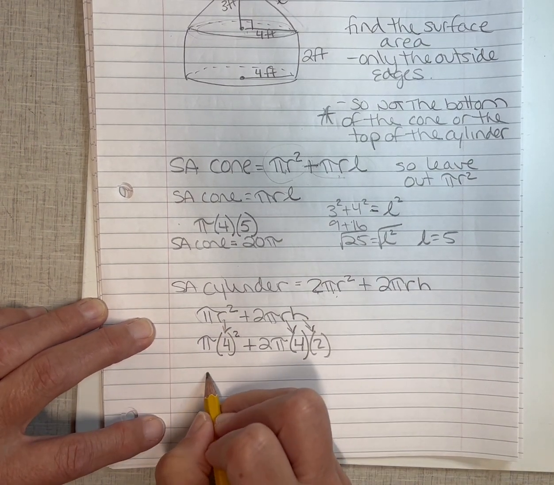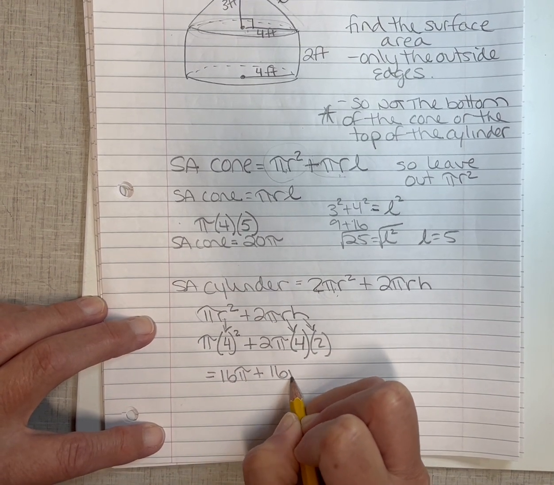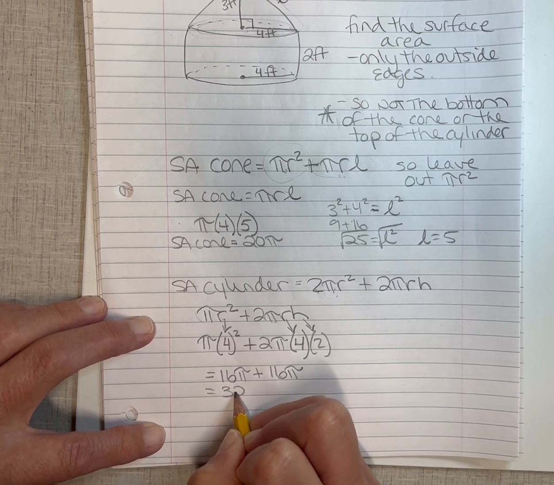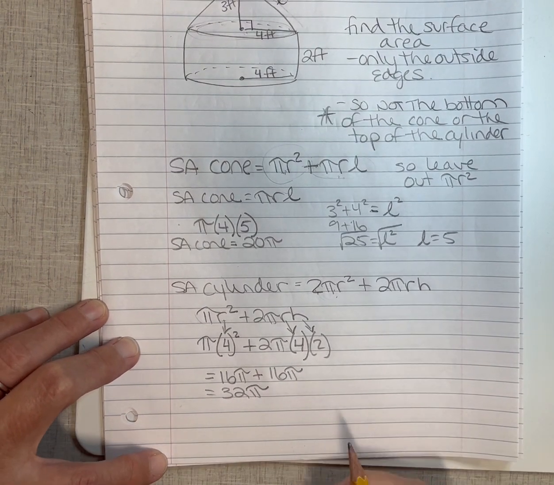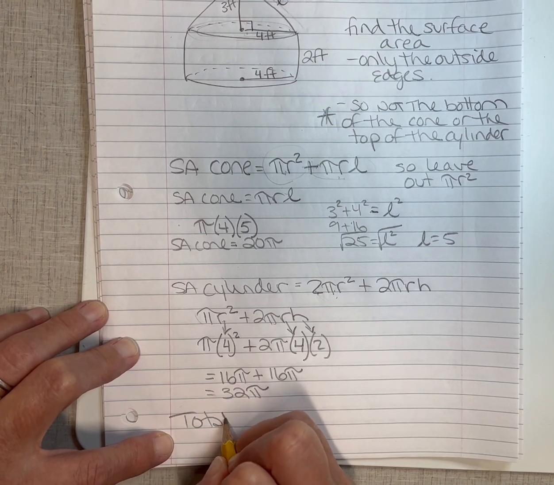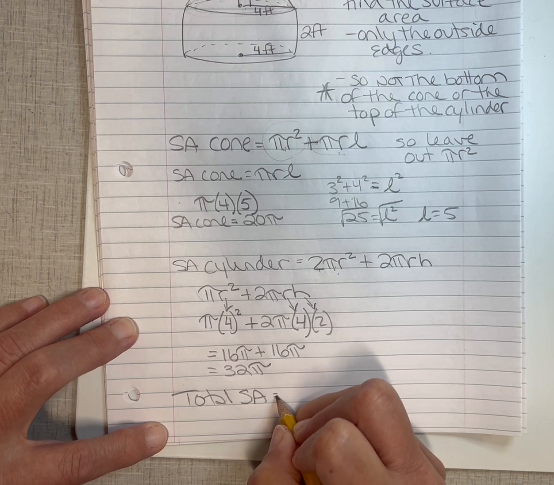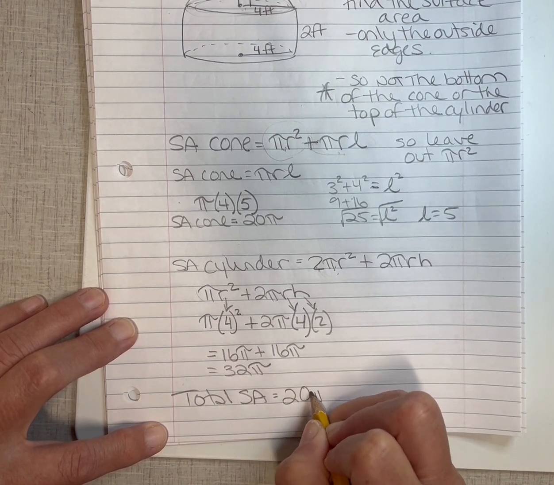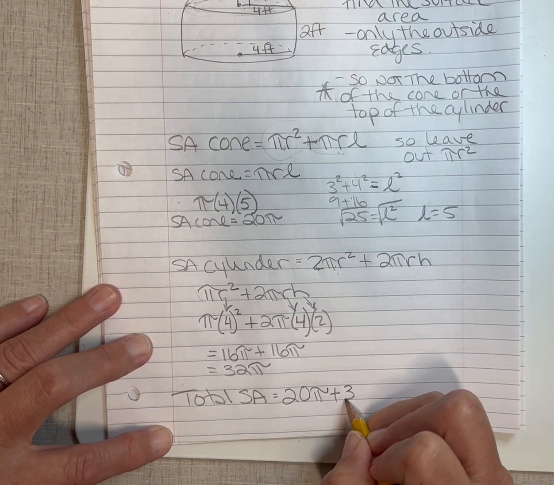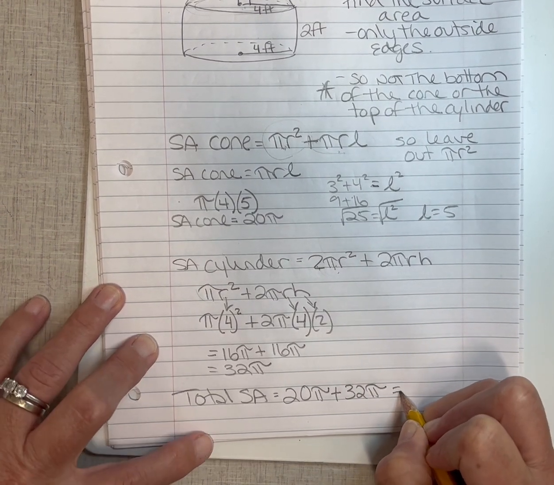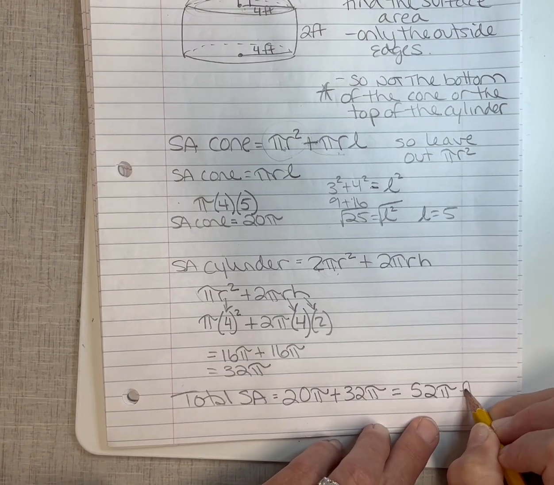All right, so we get 16 pi plus another 16 pi, or 32 pi. That's the surface area of the cylinder. So total surface area then would be the cone, which is 20 pi, plus the cylinder, which is 32 pi, and all together then 52 pi feet squared.